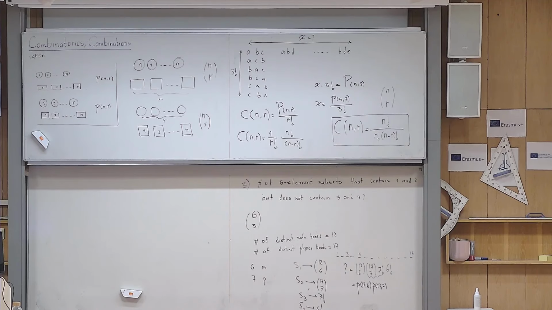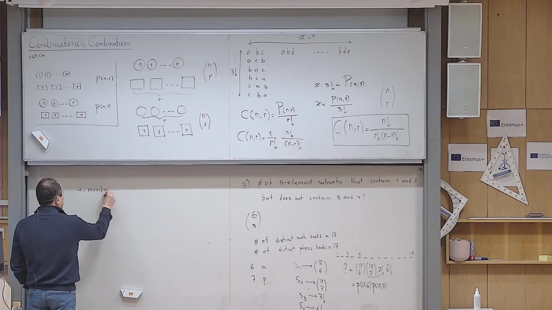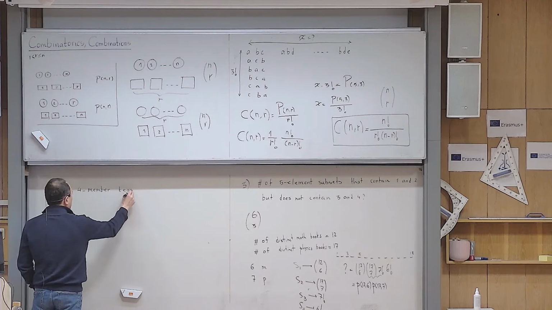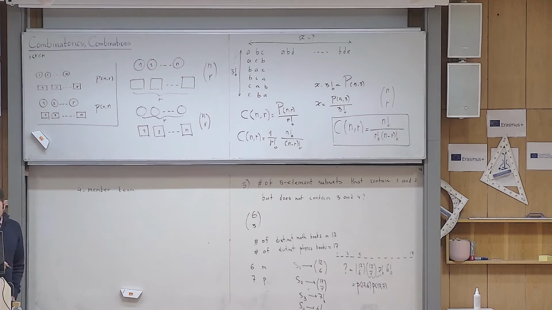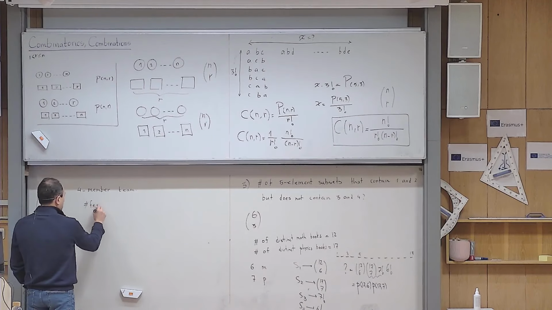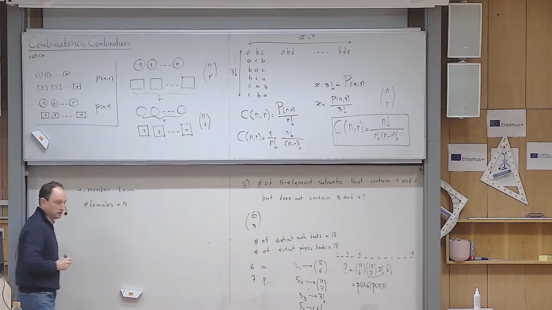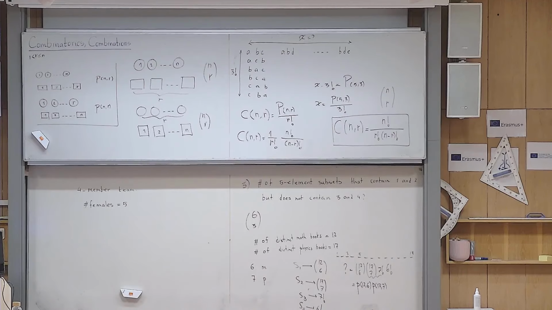To do a project, we need to have a 4-member team. Okay? So we want to construct a 4-member team. For this, we have 5 female candidates, so the number of females is 5. And the number of males is 8.